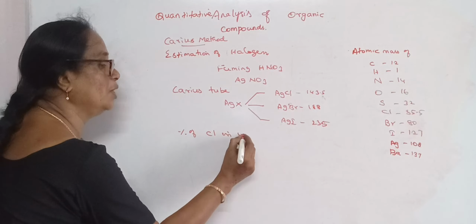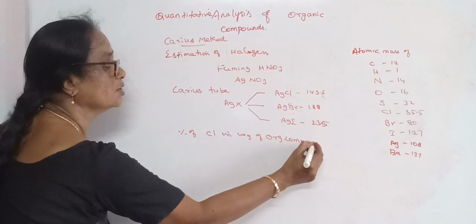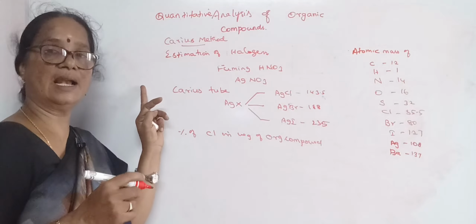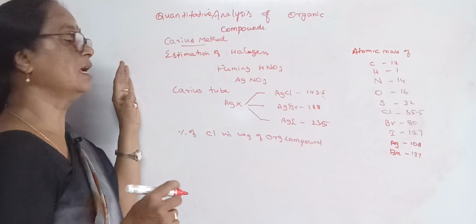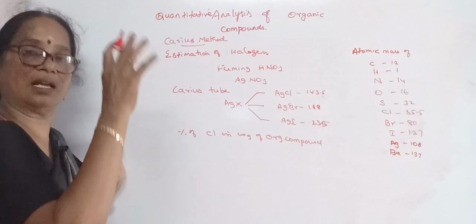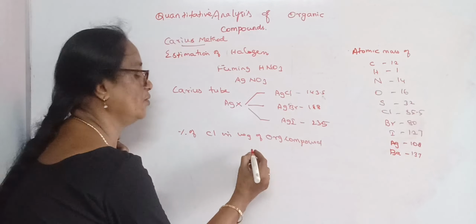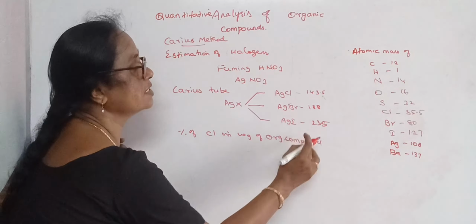So, let us find the percentage of chlorine in W gram of organic compound. Just like hydrogen and carbon, how we have estimated, the same pattern is followed; only the atomic mass of the estimating element and its corresponding compound differ. So we have silver chloride.